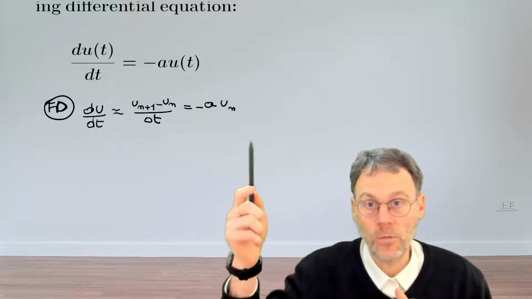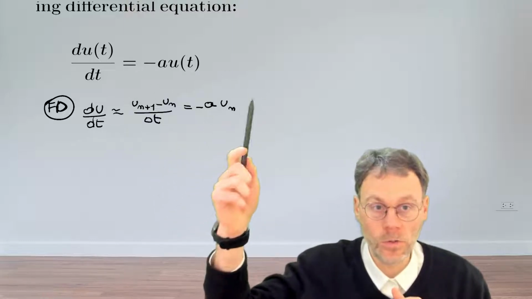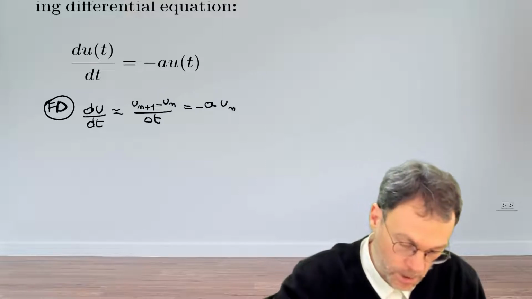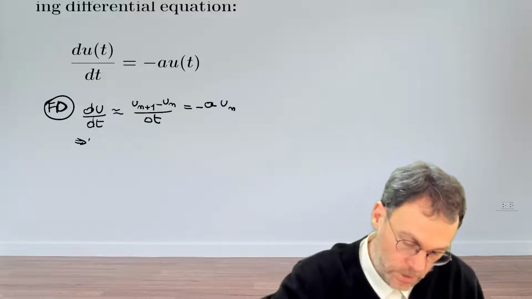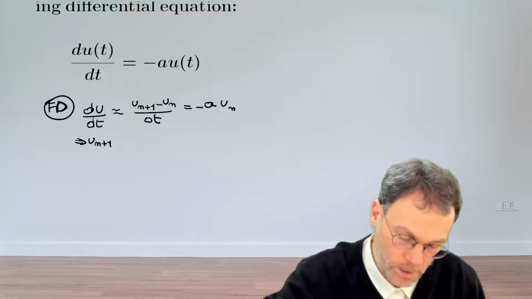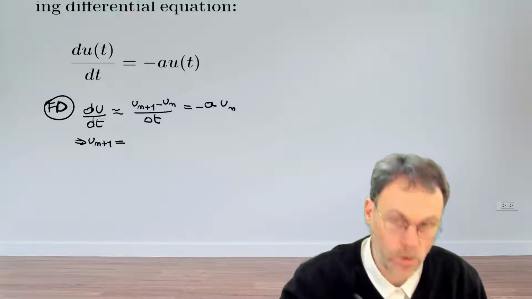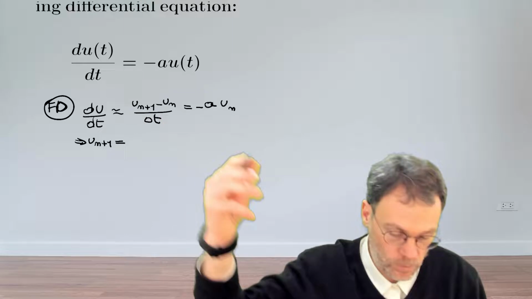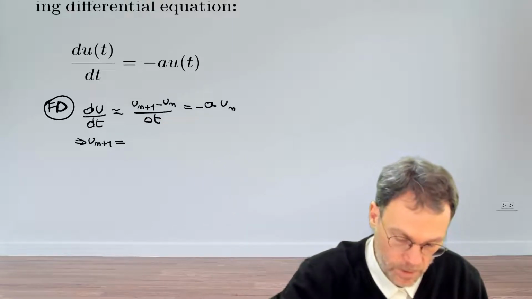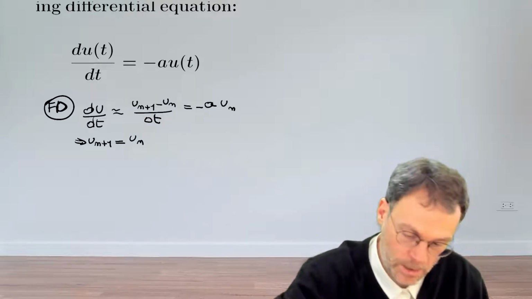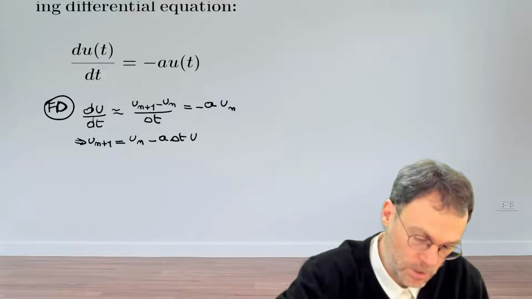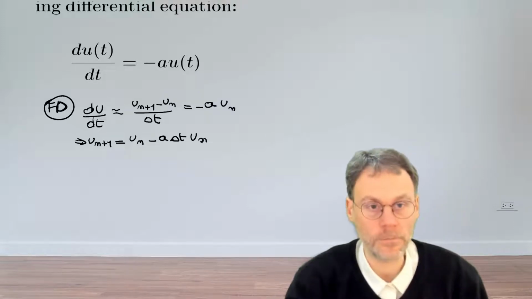So very easy, we now have an equation which you can use to extract u^(n+1) as a function of u^n. Bringing the delta t to the right and then bringing this term over, that gives us u^(n+1) equal to u^n minus a delta t u^n.